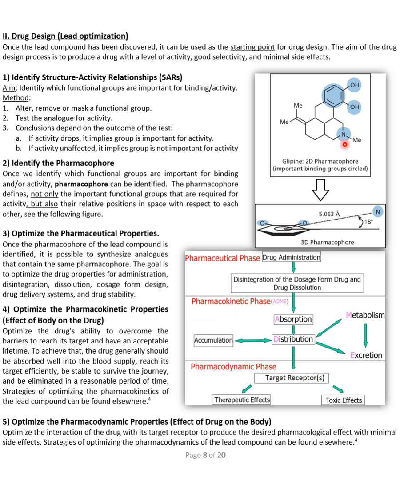Just by knowing that these functional groups are important is not enough. You want to define how these groups are positioned next to each other. Okay, so if this nitrogen is positioned here, for example, then it might not be able to bind to the receptor, and then it's not going to give you the pharmacological activity required.